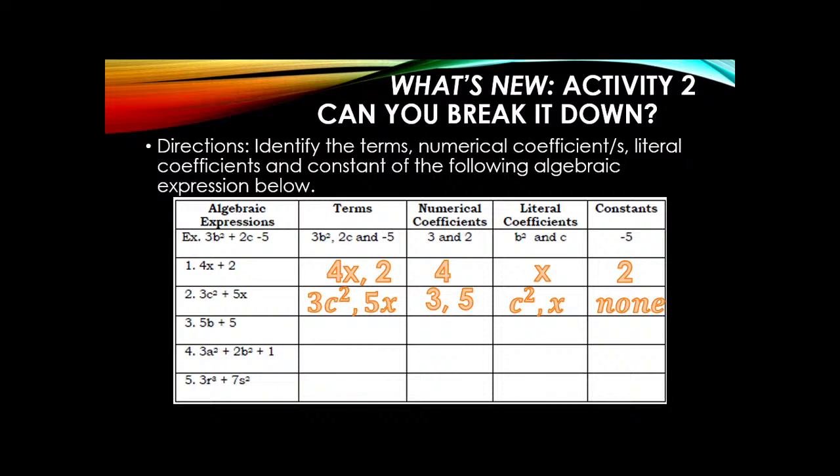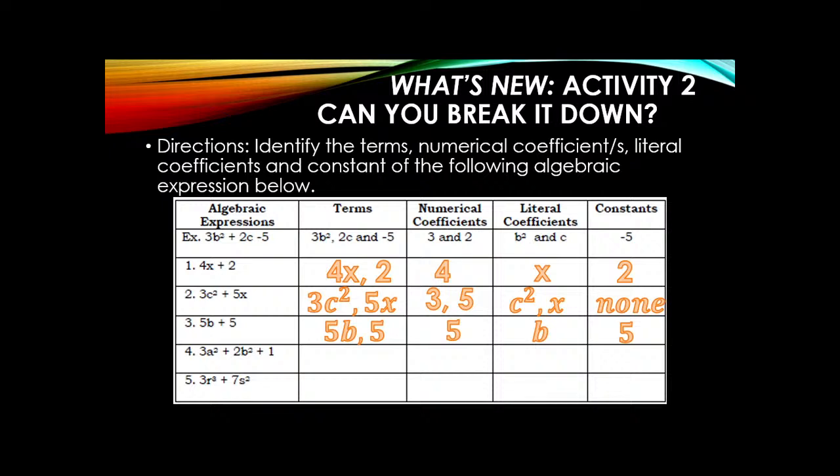Number 3. 5b plus 5. Ang terms nato, 5b and 5. Numerical, 5. Literal, b. Constant, 5. Okay, number 4. 3a squared plus 2b squared plus 1.